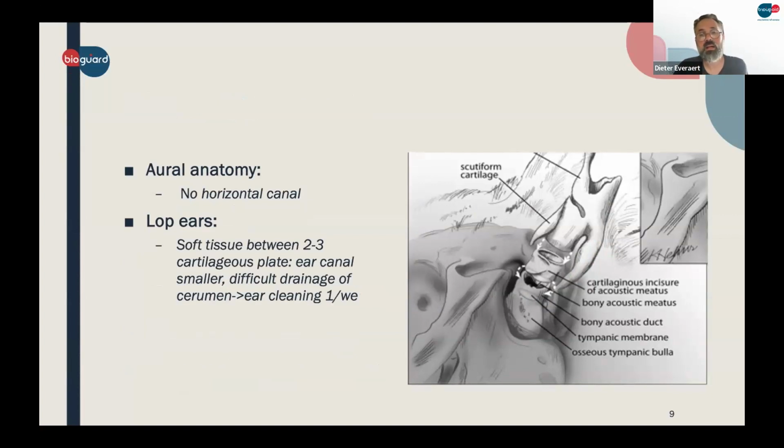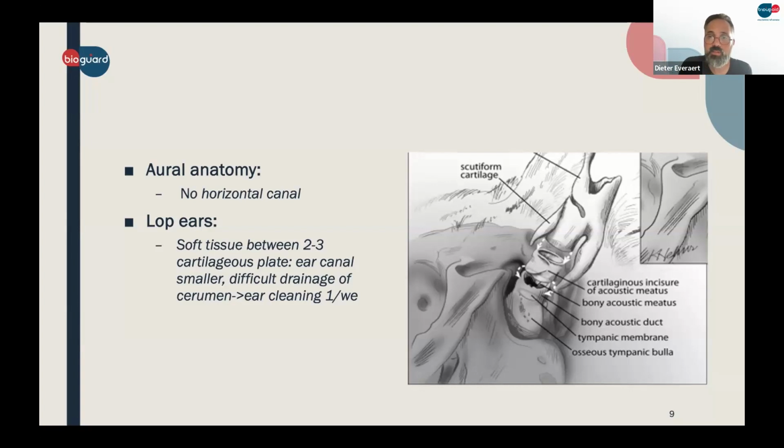It's said that rabbits only have a vertical ear canal. It depends on the literature, but the ear canal in rabbits is quite vertical. Normally they don't speak about a horizontal canal, but that being said, in quite a lot of literature you can read about the horizontal canal in rabbits.